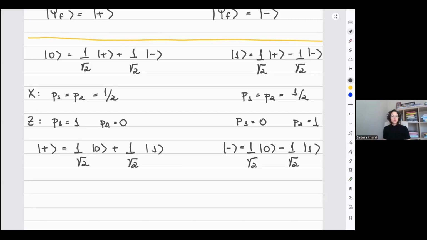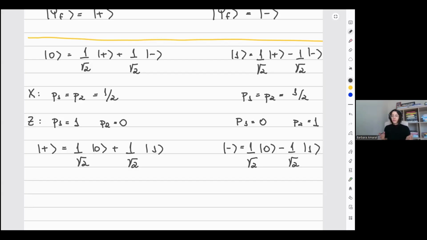Is it clear for everyone? So 0 is an eigenvector of z, so I have a definite answer. And 0 has 1 over square root of 2 coefficients for the eigenvectors of x, which will give me 1/2 probability for each outcome.